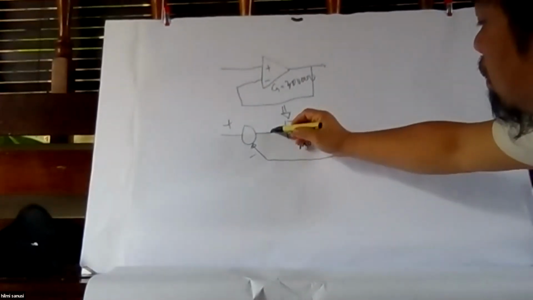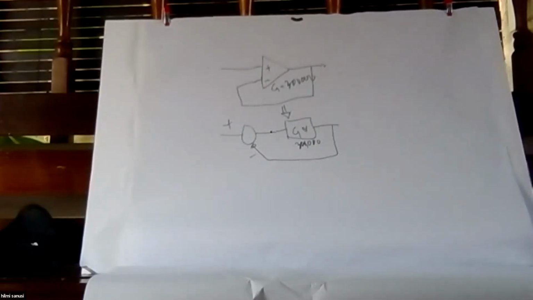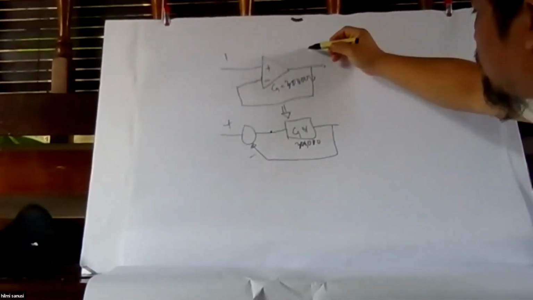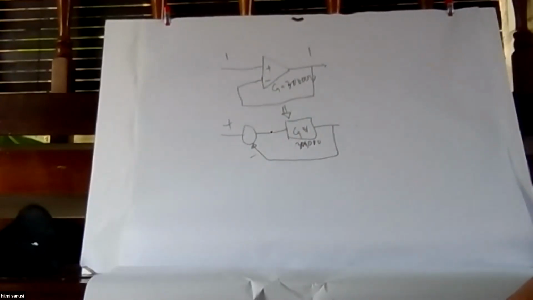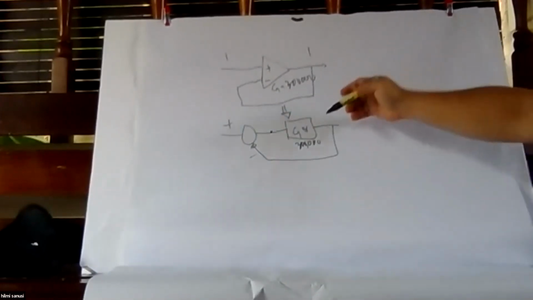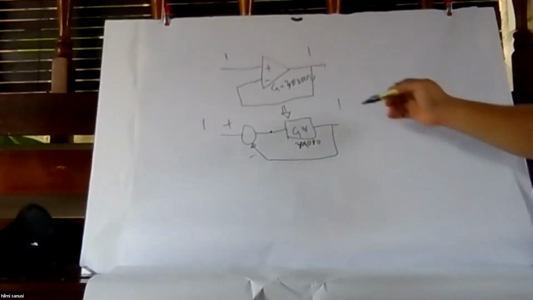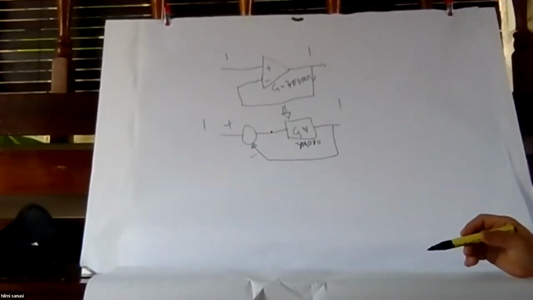Apa yang kita dapat kat sini? Kalau macam ini, saya masukkan satu volt, saya keluar dapat satu volt juga. Maksud dia kat sini ni, kalau saya masuk satu, saya dapat satu juga. Satu tolak satu, saya dapat kosong.